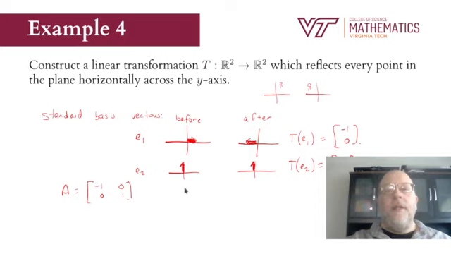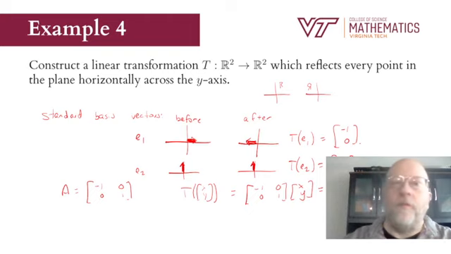And the transformation of, say, x, y is -1, 0, 0, 1 times x, y. X gets applied to the first column, y gets applied to the second column, and so we get -x, y. And that's the transformation that reflects across the y-axis.